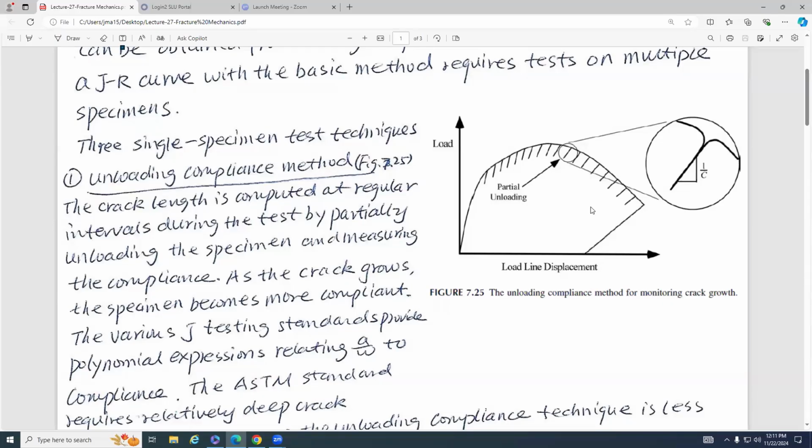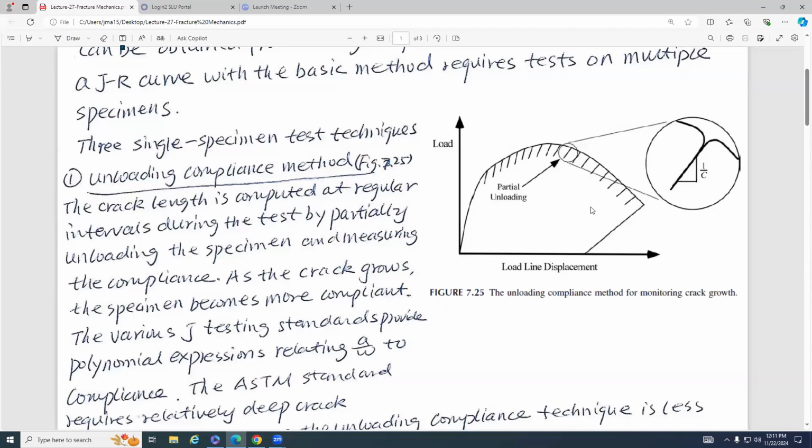For the specimen, either the compact specimen or the single-edged notch specimen, we know that if we apply load and the crack becomes bigger, the specimen becomes softer. That means it becomes more compliant, right? As this crack grows, this slope will be less than this one.